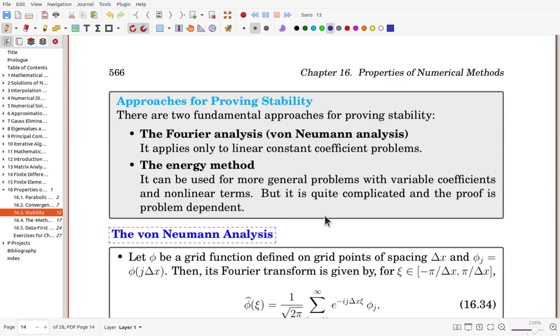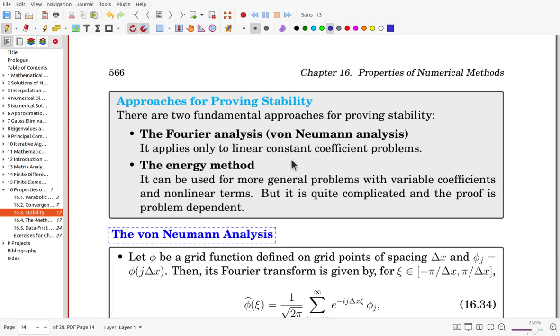Now we consider approaches for proving stability. There are two fundamental approaches for proving stability. One is the von Neumann analysis, along with the Fourier technique. It's simple, but it applies only to linear constant coefficient problems.